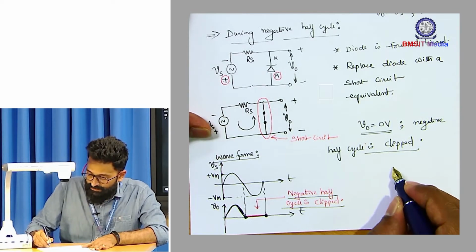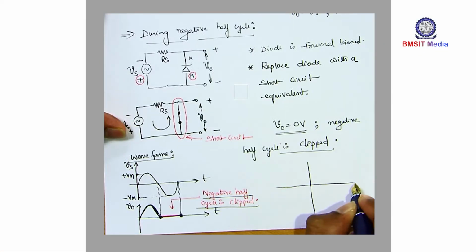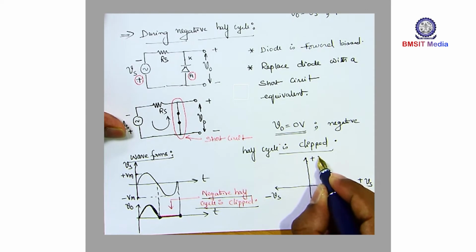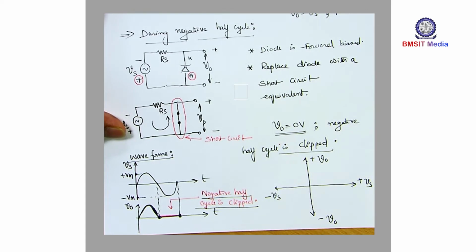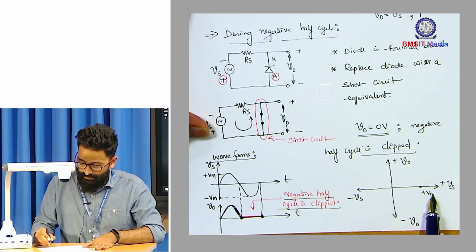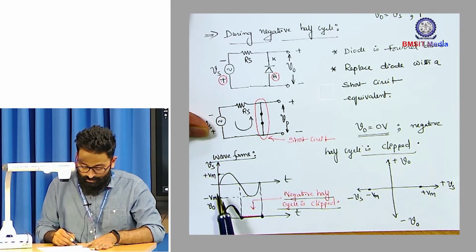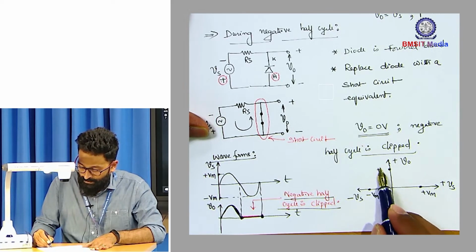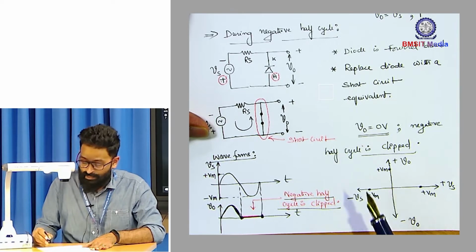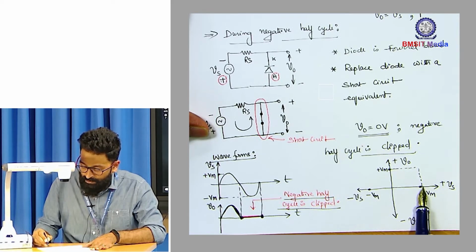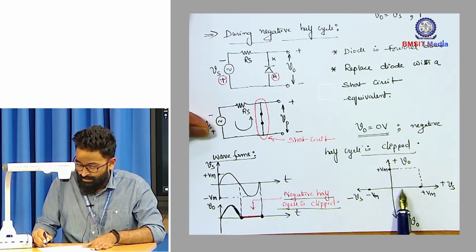Let's also draw the transfer characteristics. Minus Vs, plus Vs, plus V naught, minus V naught. So for the positive half cycle, maximum limit is plus Vm, and for the negative half cycle, maximum limit is minus Vm, and for the positive half cycle of the input, the output is Vs. So you also mark plus Vm along the positive y-axis.